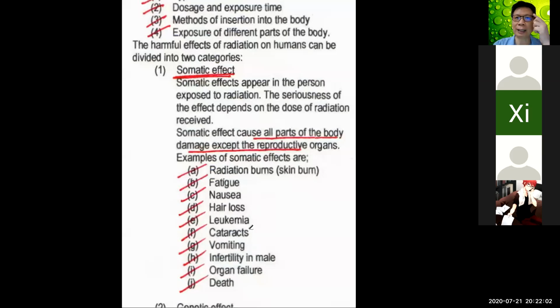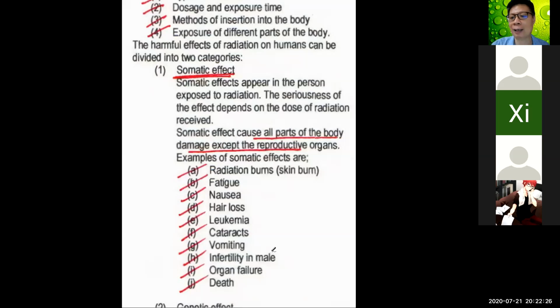Cataract is eyes blocked, the eyes cannot see. Vomiting, side effect of chemotherapy. Infertility in male only, it never says female. Male cannot have baby because testis is hanging outside, so very easy to expose to radiation.